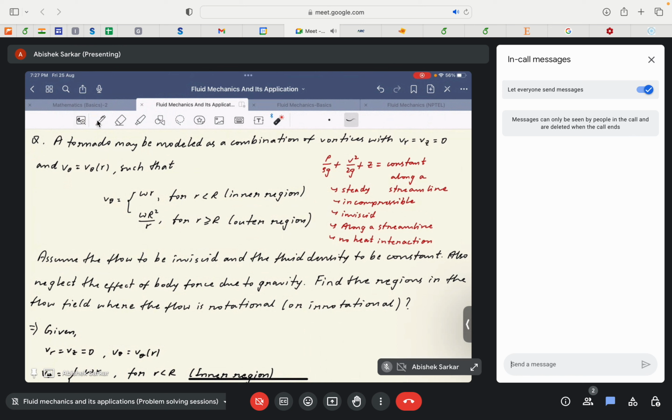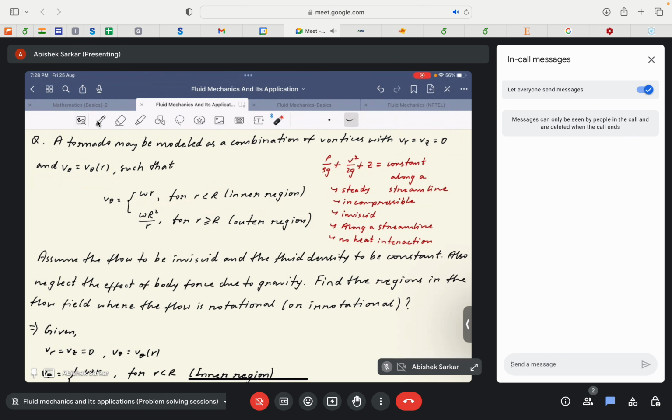Here it's given that a tornado may be modeled as a combination of vortices with VR and VZ equal to 0, and V theta a function of R, such that V theta is given by omega R for R less than the radius of the tornado, and omega capital R square by R for the region outside the radius of the tornado.